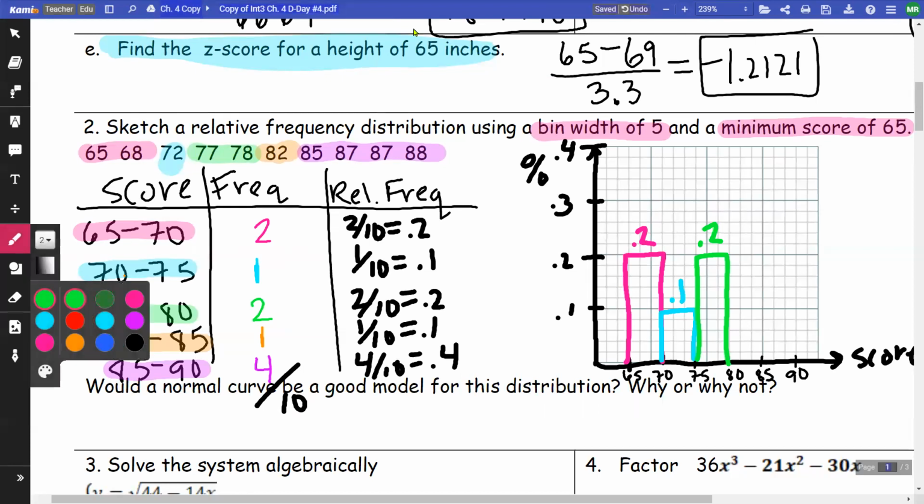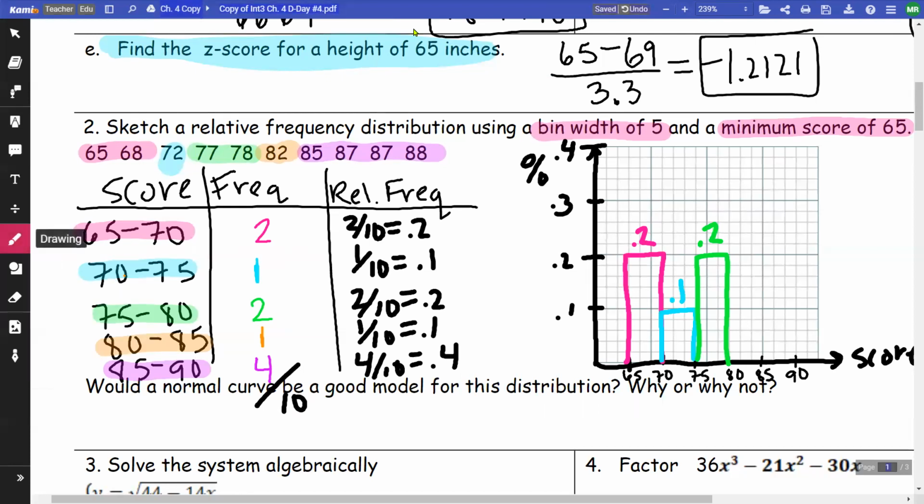From 80 to 85, I'm going to go up to 0.1. And then from 85 to 90, I'm going to go up to 0.4. Okay, and that would be my frequency distribution.